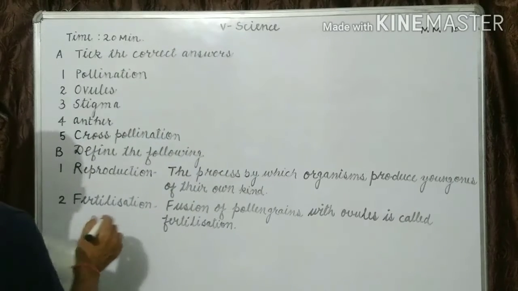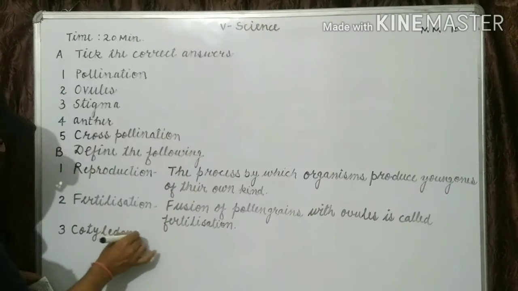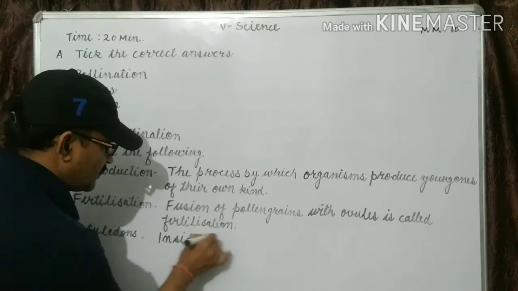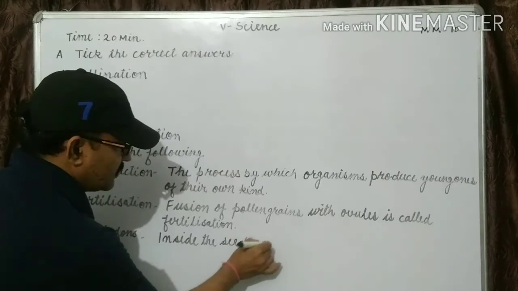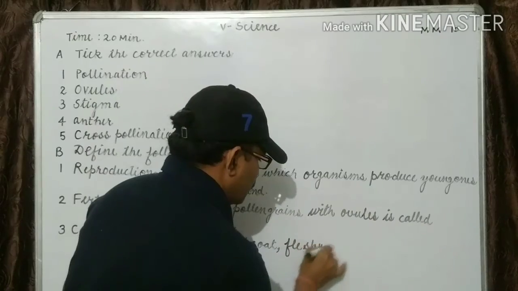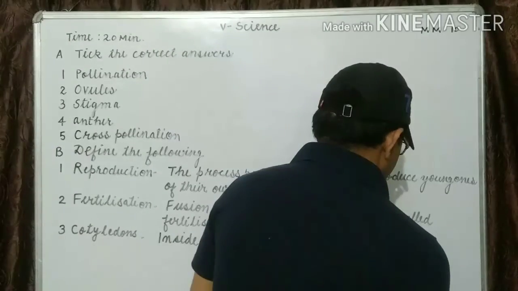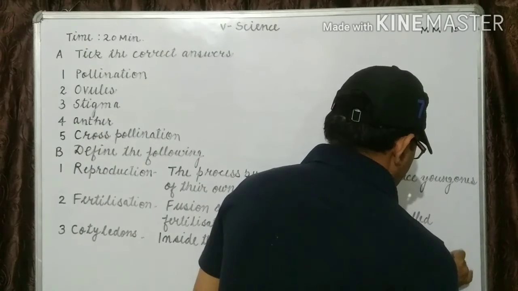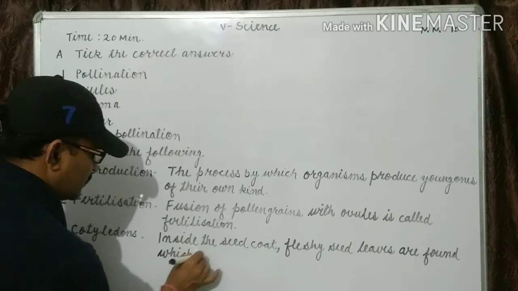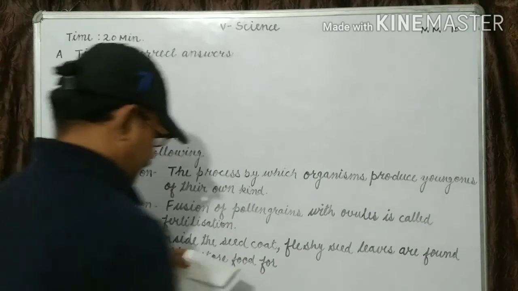Next is cotyledons. Inside the seed coat, fleshy seed leaves are found which store food for the baby plant.